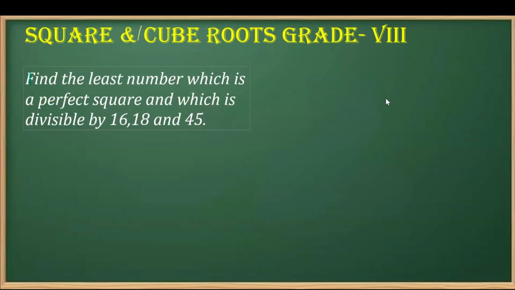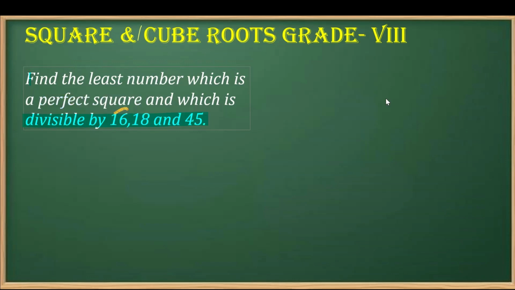This question says find the least number which is a perfect square and which is divisible by 16, 18, and 45. So there are two things. We have to get a perfect square and at the same time it should be divisible by these numbers. So let's deal with the first part. Forget about the square number.